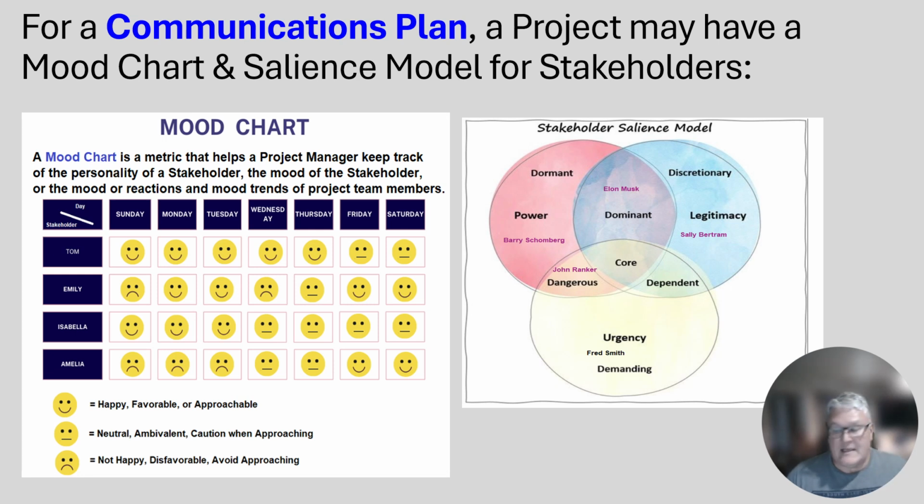So it's a simple chart, and really it's a visual, and it's going to tell you how well your team member was on the day of the week that you worked with them, if they were favorable, happy, approachable, if they were neutral, ambivalent, you couldn't approach them or could approach them, or they were just not a happy camper. So that's what a mood chart is.